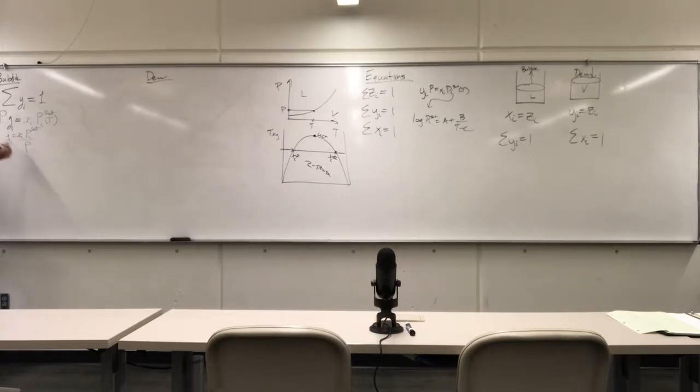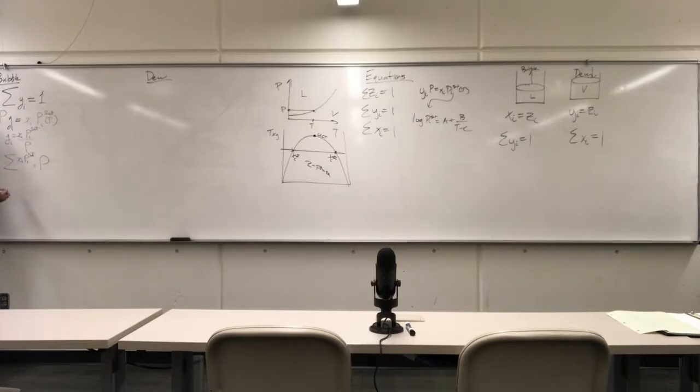We go back into the summation, and the summation of xi Pi^sat over P is equal to 1. We can just move the P from here, write it here, because it is fixed across all the phases. This is the P of the system.